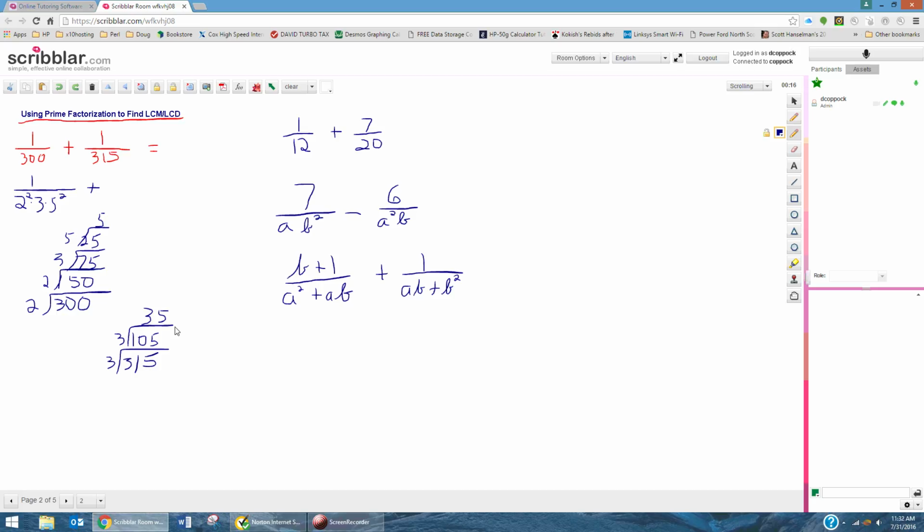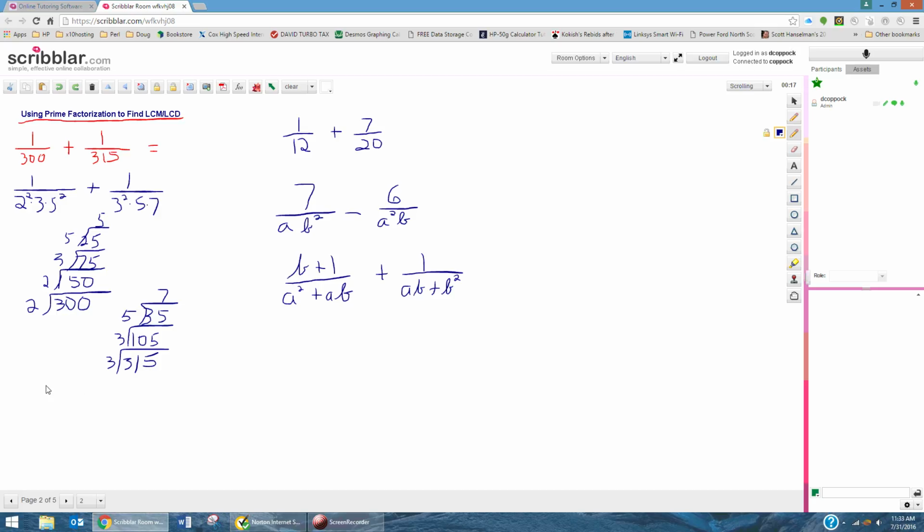No longer divisible by 3, but is divisible by 5. And 7 is prime, so we're done. 3 squared times 5 times 7.